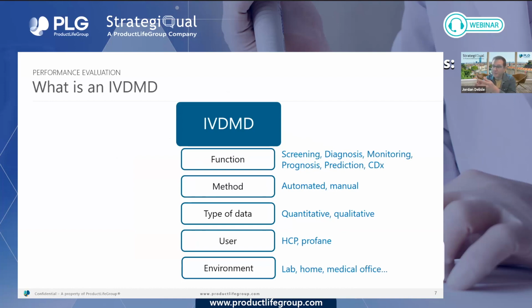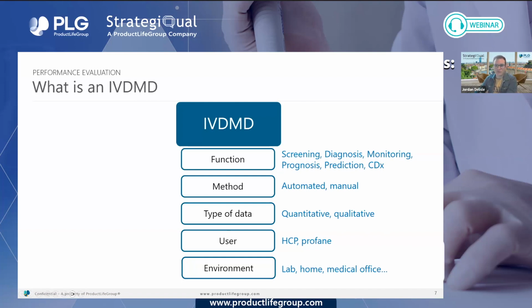So what is an IVD? How does it work? It can be defined by its function, such as screening, diagnosis, monitoring, prognosis, etc. The method it uses, what is the type of technology, whether it's automated or manual. The type of data it produces, is it qualitative, quantitative, semi-quantitative?